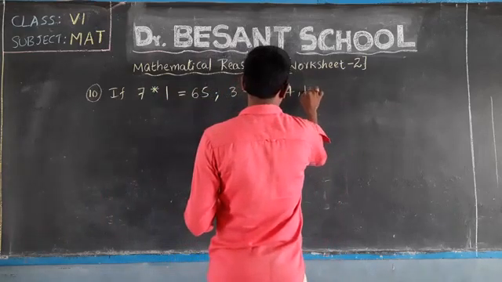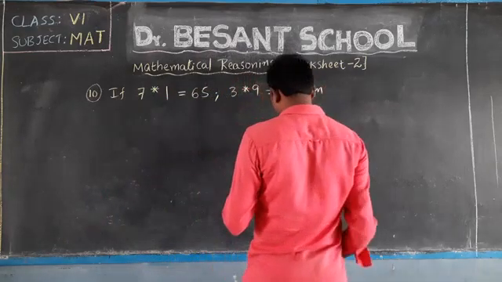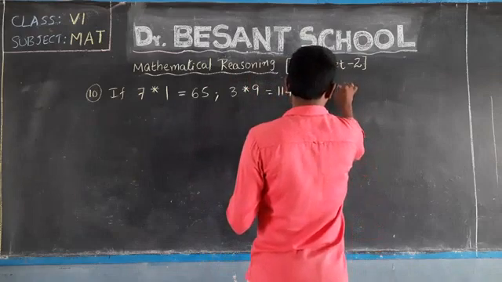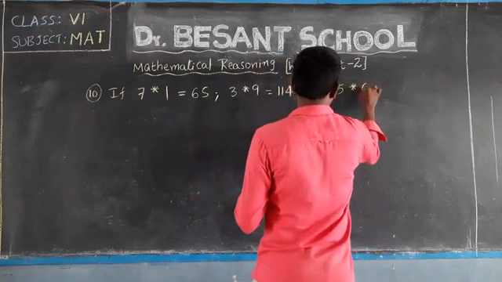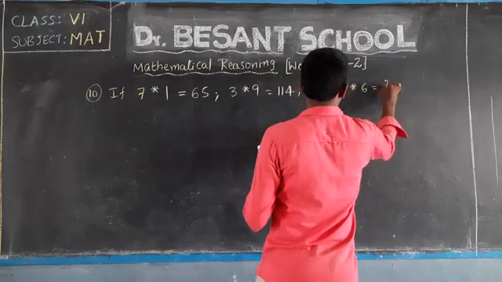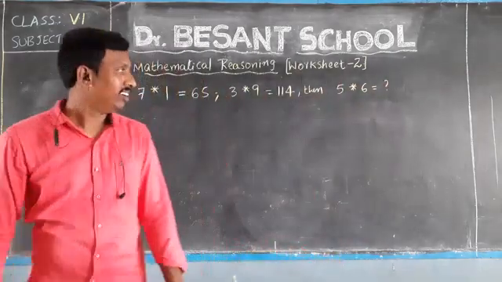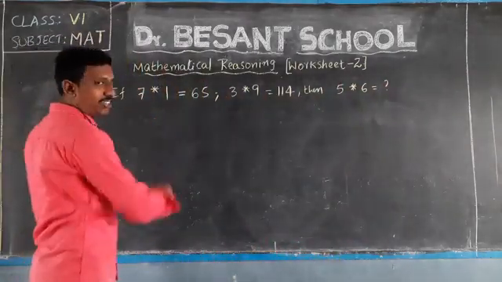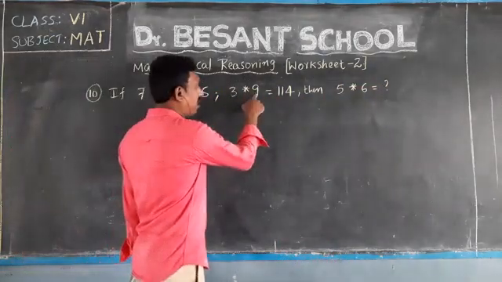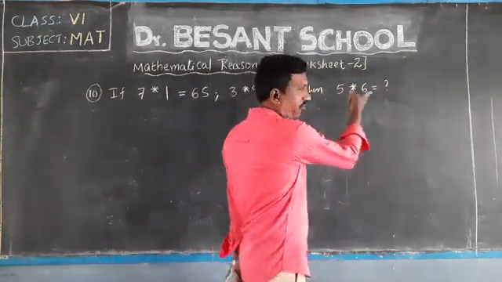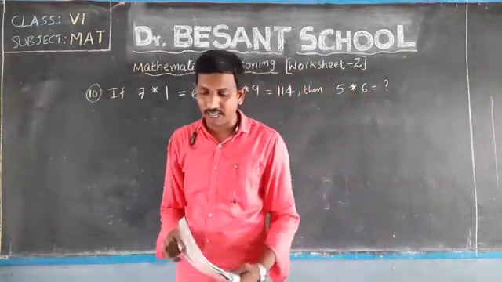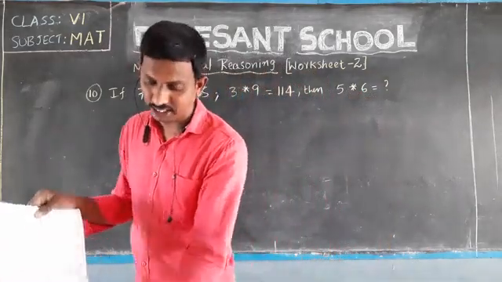Then what is the value of 5 star 6? It's a very interesting problem. If 7 star 1 is equal to 65, 3 star 9 is equal to 114, then 5 star 6 equal to star. This star symbol, we call it as asterisk symbol.